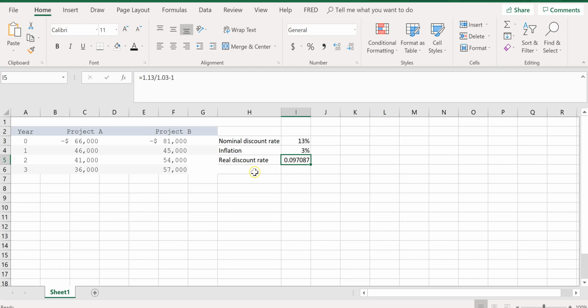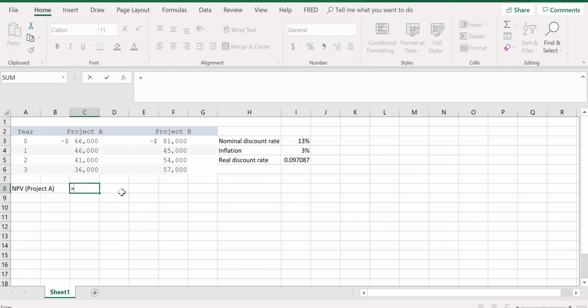That's the benefit of using Excel. So now I can name this real RDIS, real discount rate. So this is nominal NDIS, this is real RDIS. So then I can figure out NPV for project A.